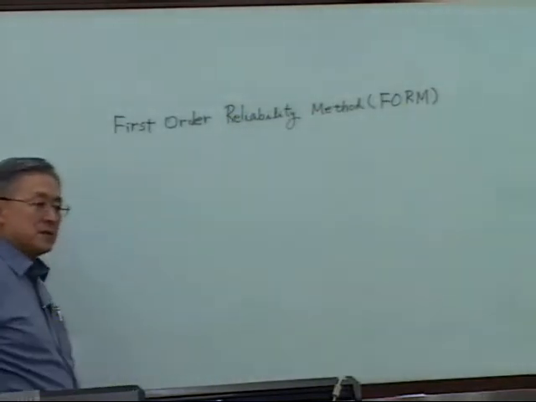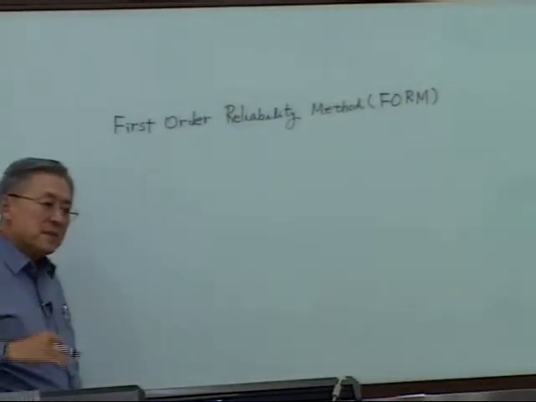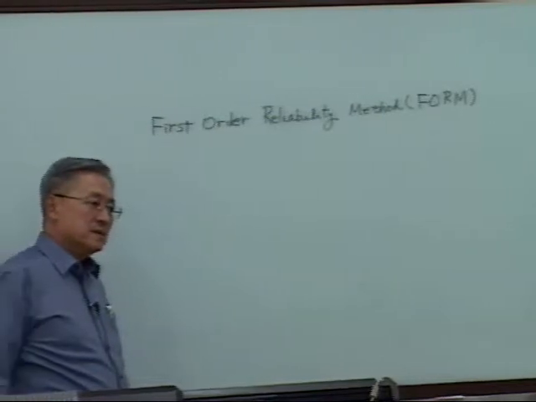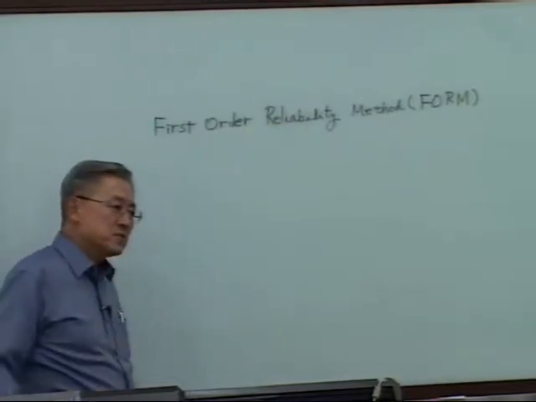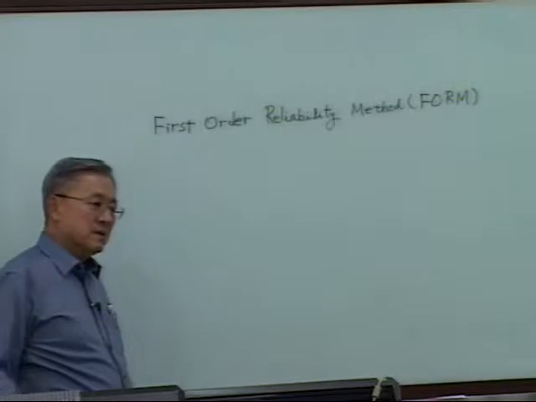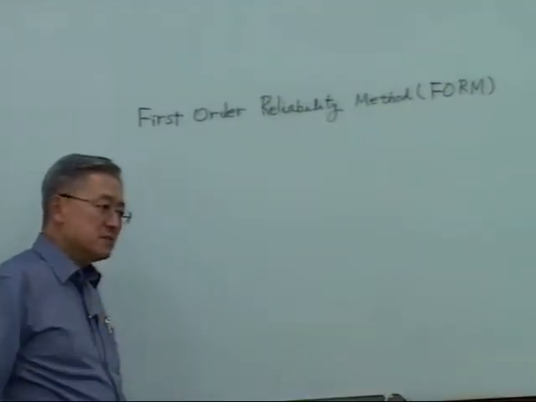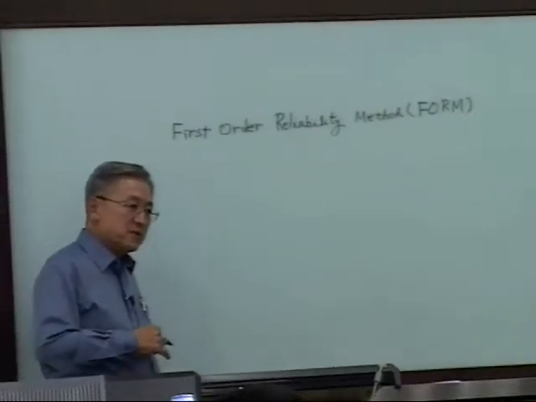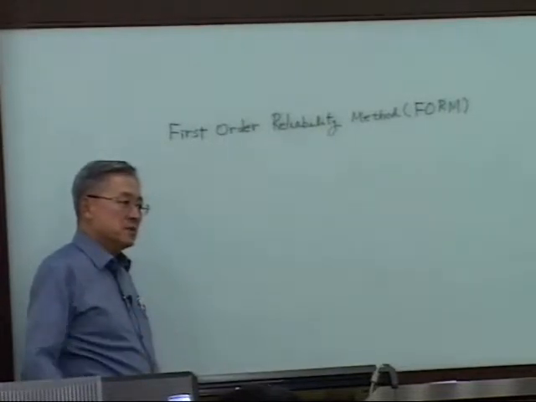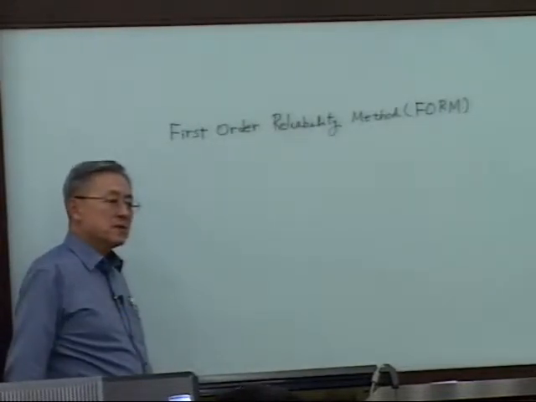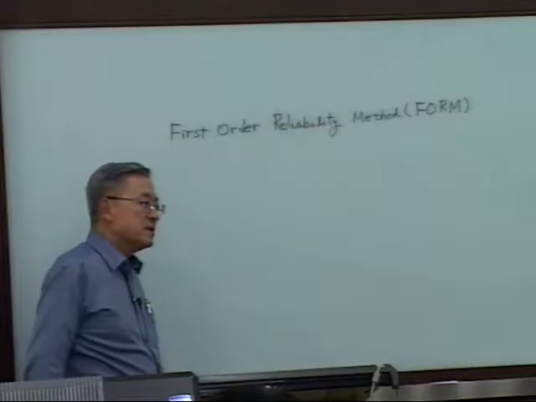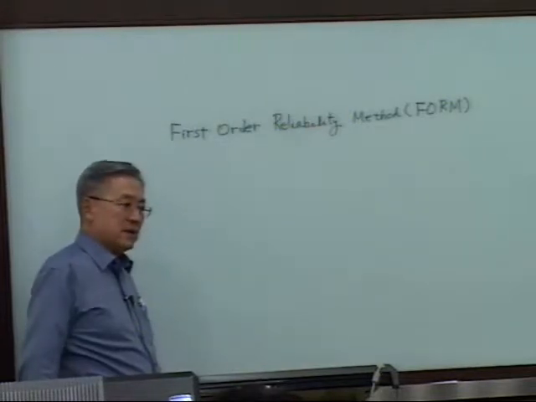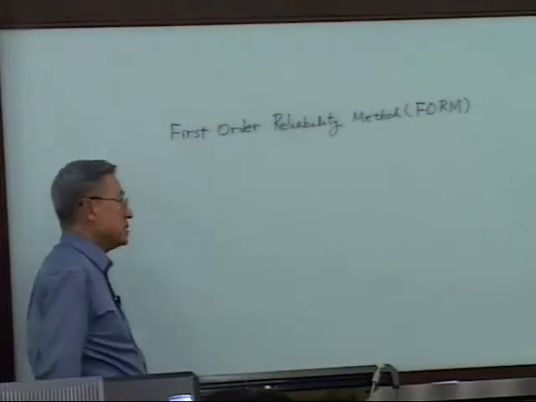First order. We are using the performance function or limit state function, then expand it into the first order of the Taylor series. That's what the first order really means.